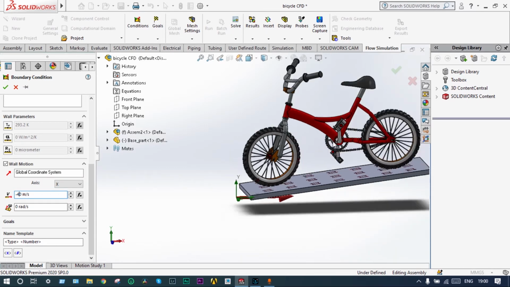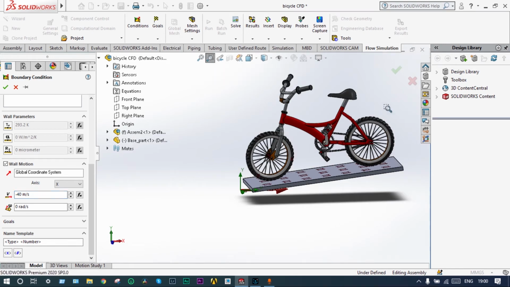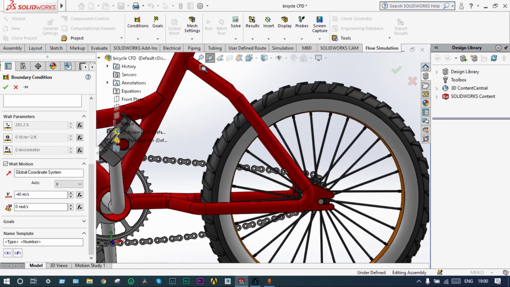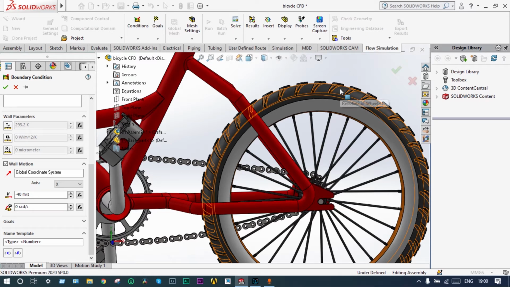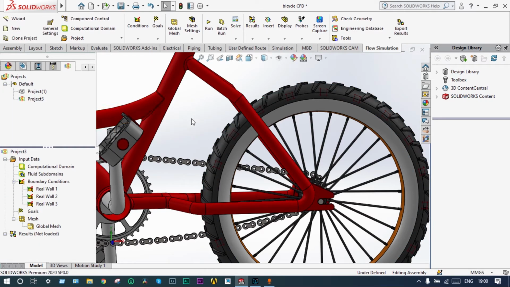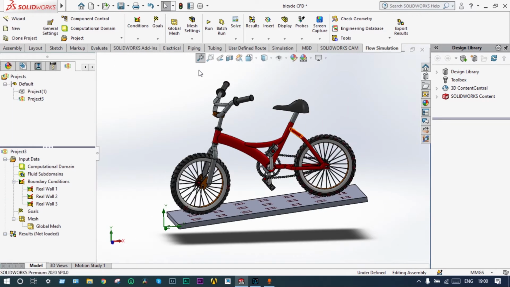To select that wheel, let's make this one a little bit bigger, then selection will be better. Done. You can check. So all the boundary conditions have been applied properly.